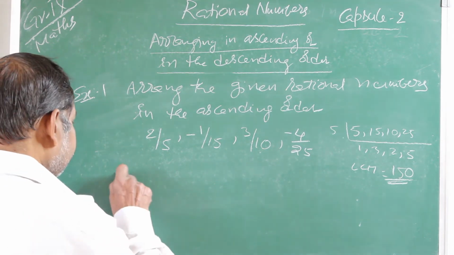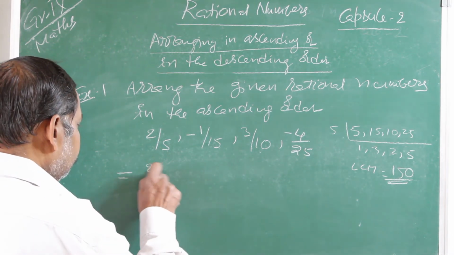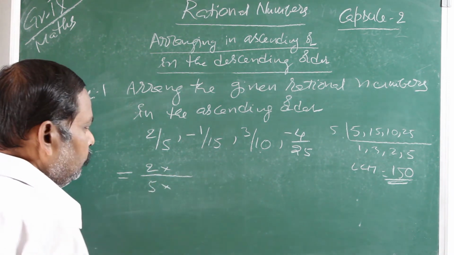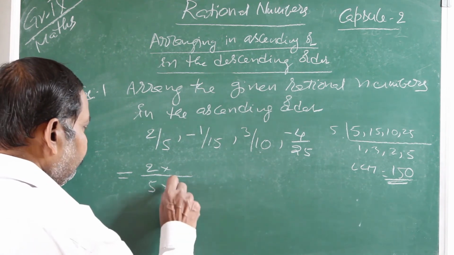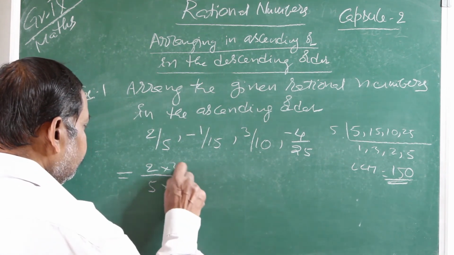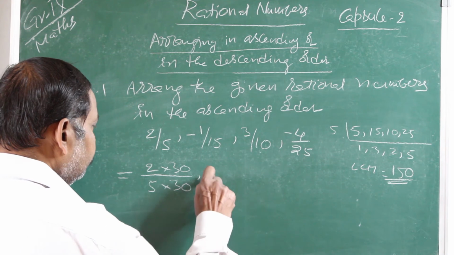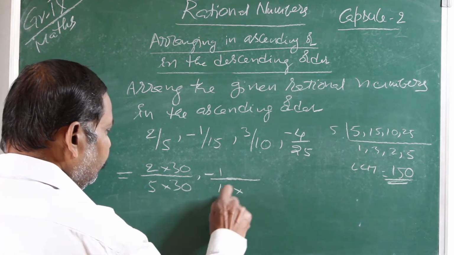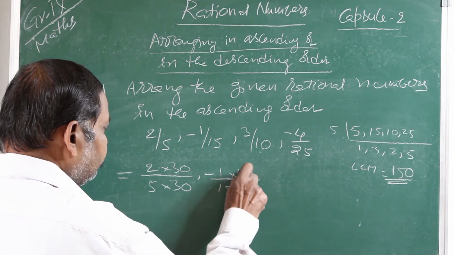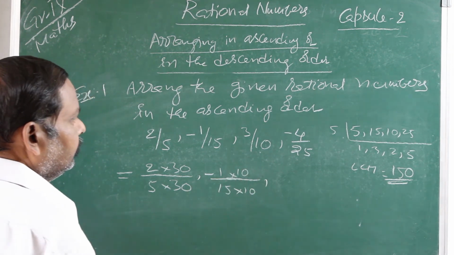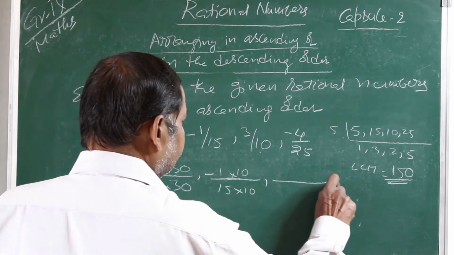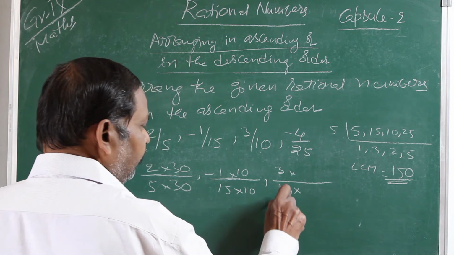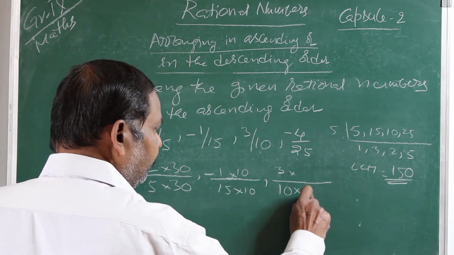So first of all, 2 by 5. To convert 5 into 150, you have to multiply by 30. Minus 1 by 15: to convert 15 into 150, multiply by 10. 3 by 10: to convert 10 into 150, you have to multiply by 15.